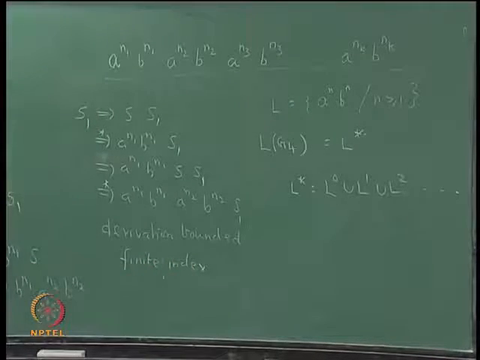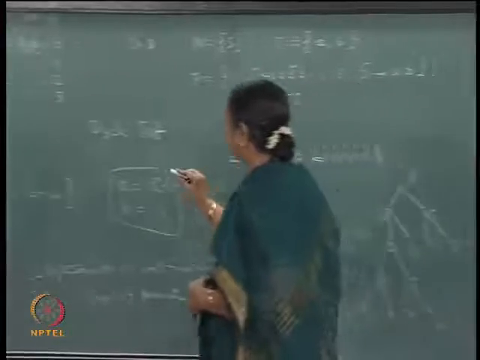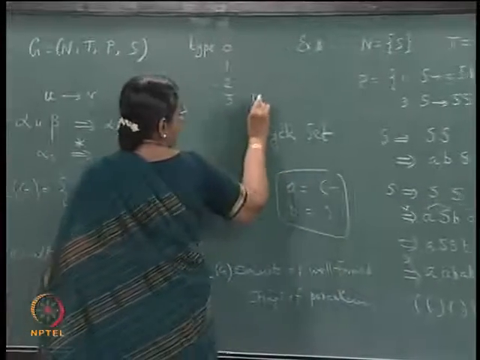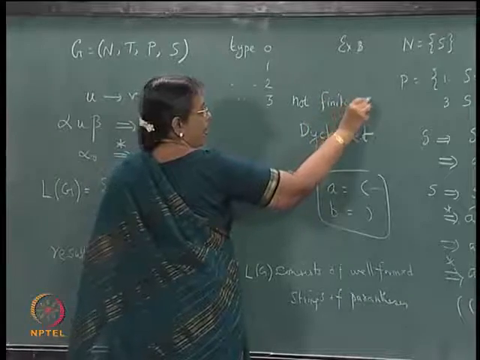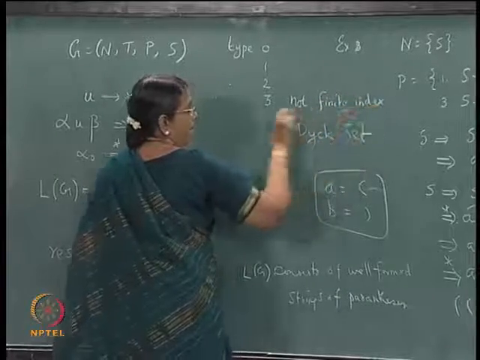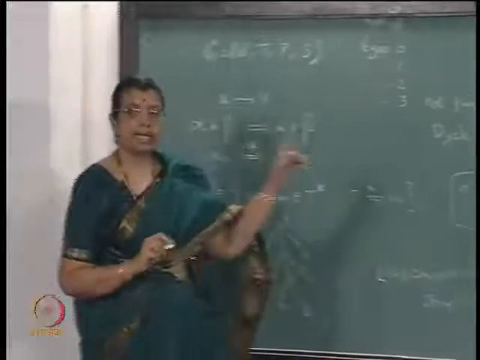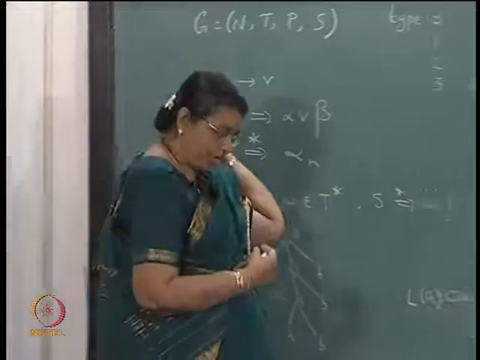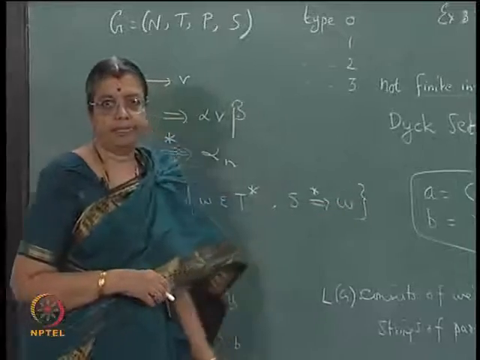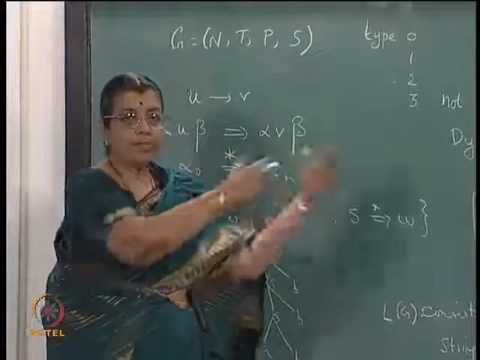This grammar and this language Dijkset, it's not of finite index. This is a major result. Actually, we will consider more about it later. So it belongs to a different class.